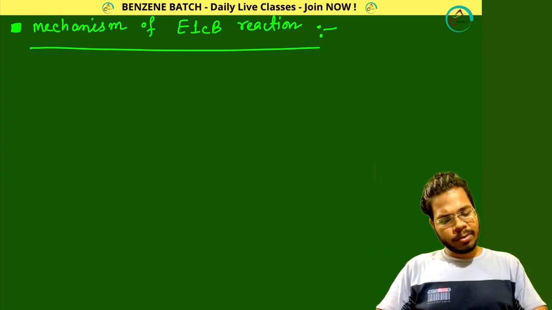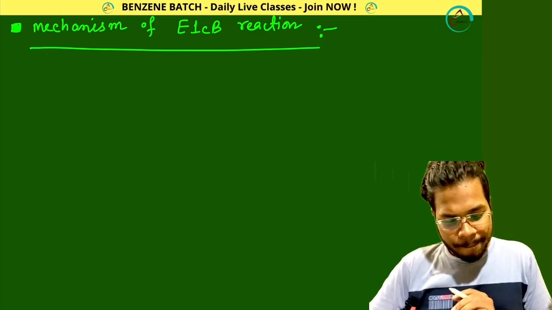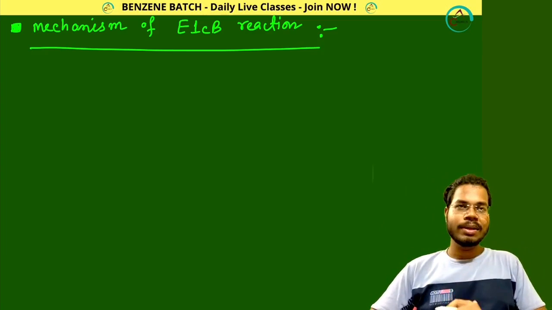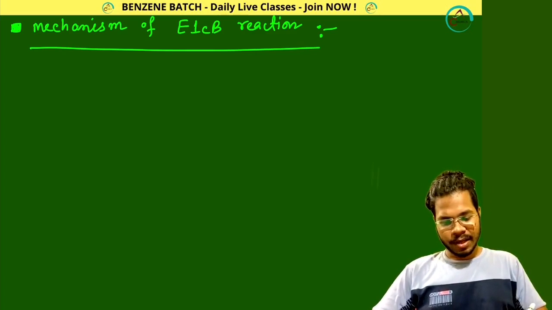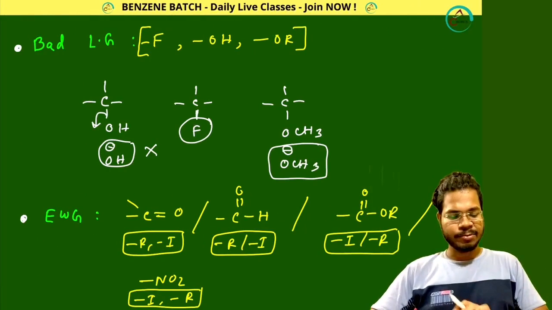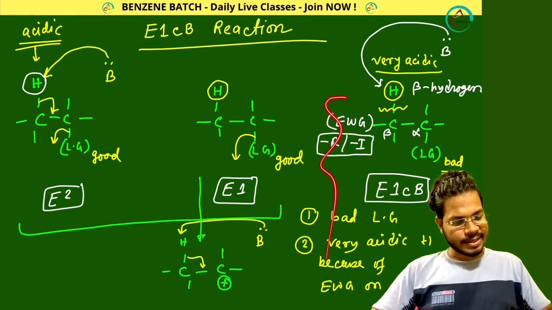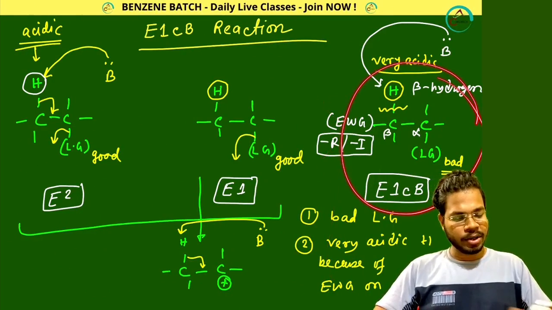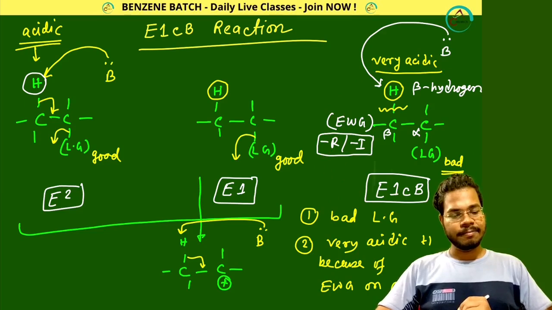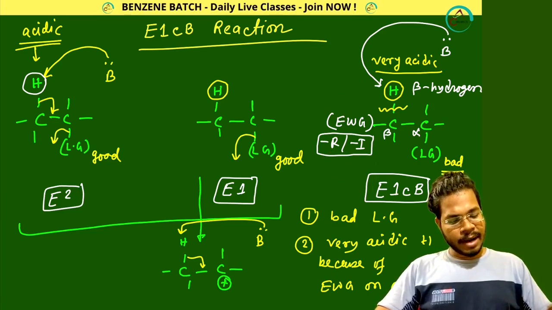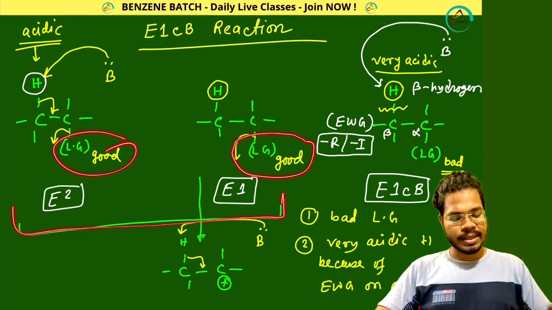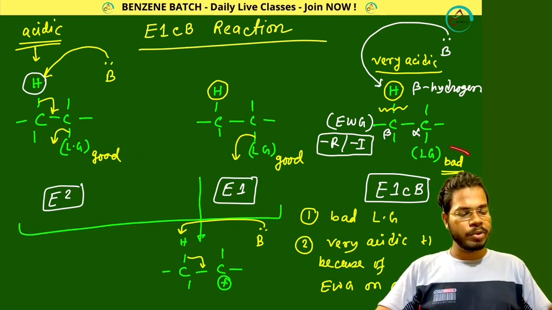So now what about the mechanism? Mechanism means how do you get the E1cB product? As I told you, the system should have these features to go into the E1cB mechanism. In this system, I told you about the leaving group. A good leaving group generally undergoes E1 or E2 reactions, but when the leaving group is bad and an electron withdrawing group is attached, it makes the beta hydrogen very acidic.